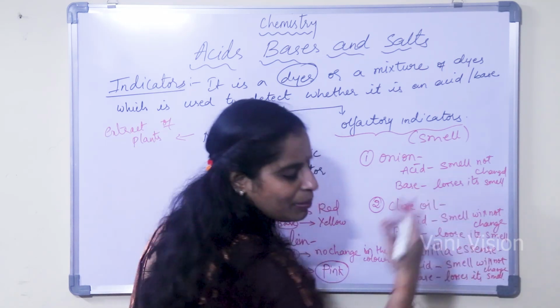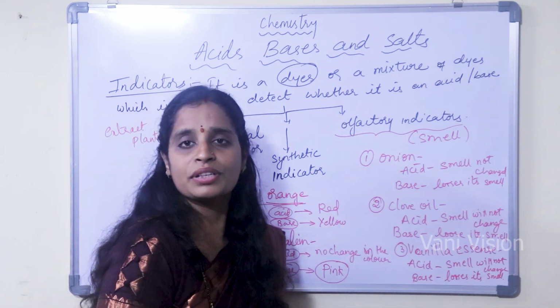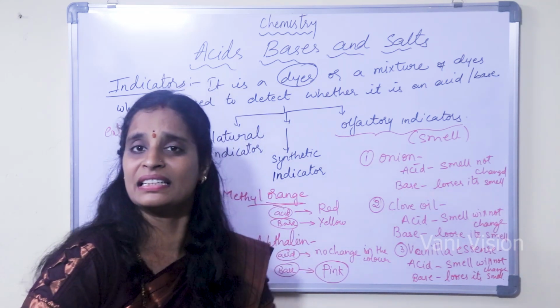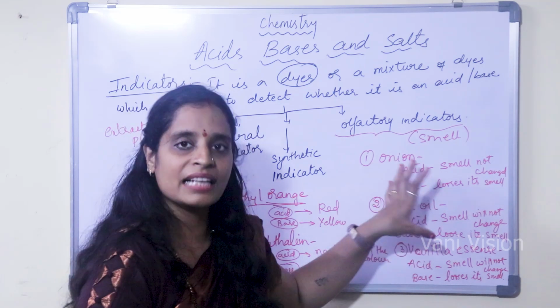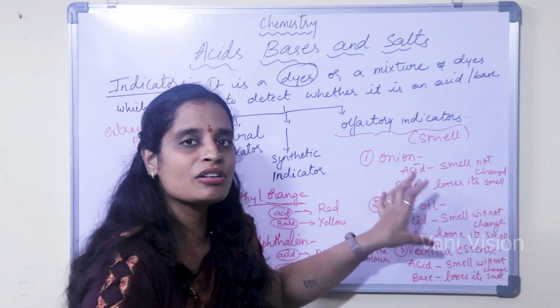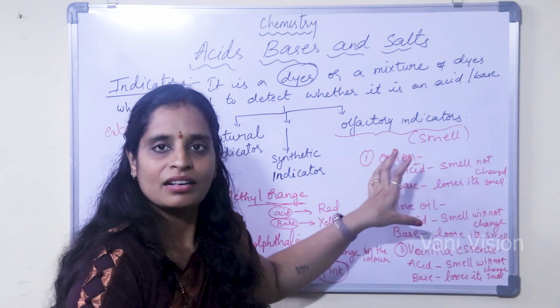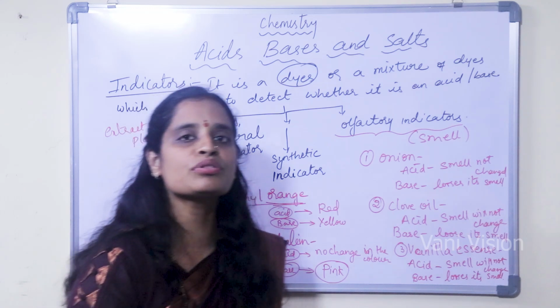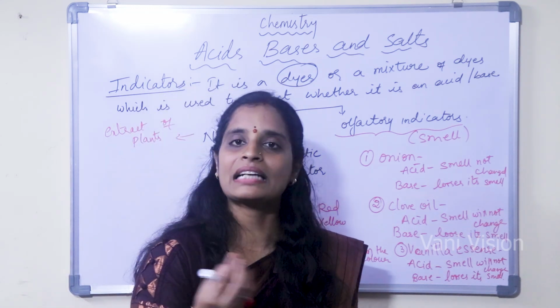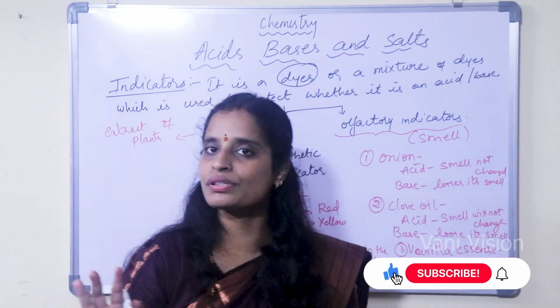It's very easy to remember: acids are so reactive that they do not lose their smell easily, but bases make them lose their smell. So when we dip onion, clove oil or vanilla essence in bases, they lose their smell, but under acids they do not.